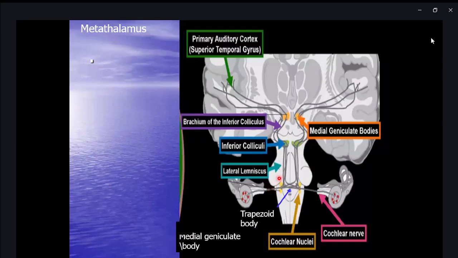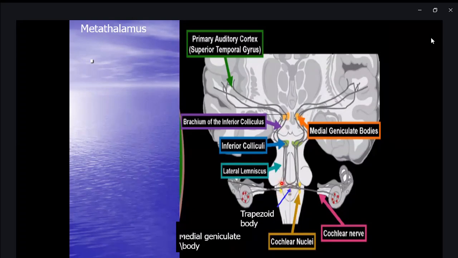And then from the auditory nucleus, remember when we were talking about the brain stem, we then have the crossing over of the fibers, and that area of the crossing over is what we refer to as the trapezoid body. The fibers decussate at the trapezoid body after the cochlear nucleus.